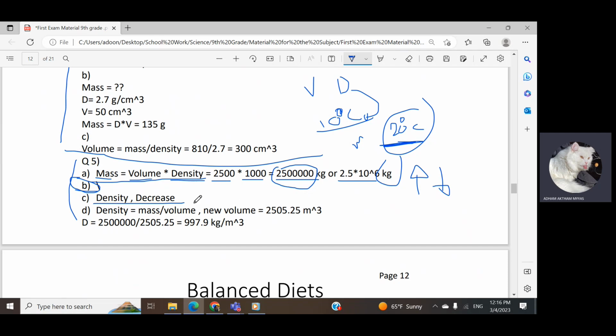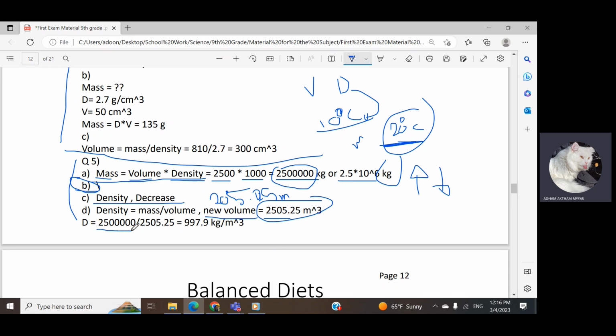After that, he told me to calculate the density at 20 Celsius degrees. The volume changed by 5.25 meter cubed. What should I do? I just have to calculate the new volume: 2,500 plus 5.25 meter cubed, and that's the new volume.